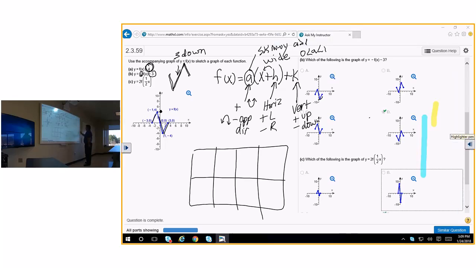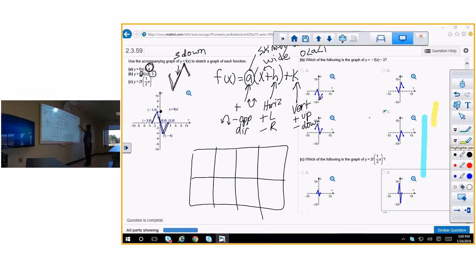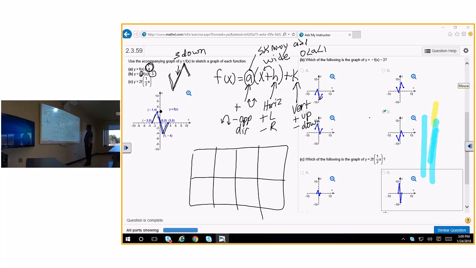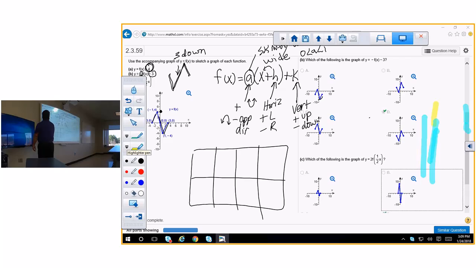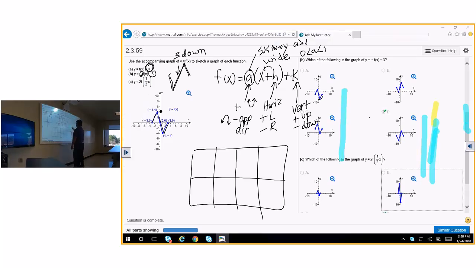Every time I hit it, it does something different. I don't know what it's doing. Okay, whatever it's doing, I can't get it to work.